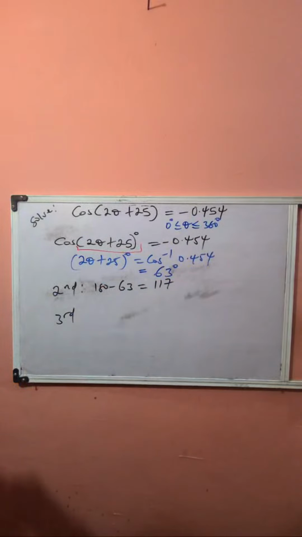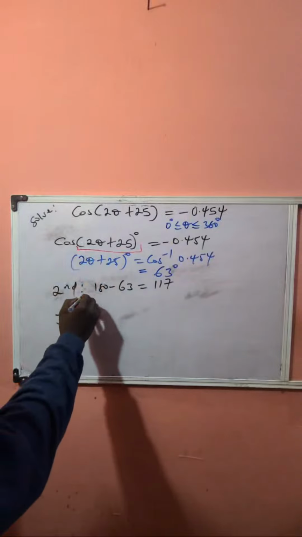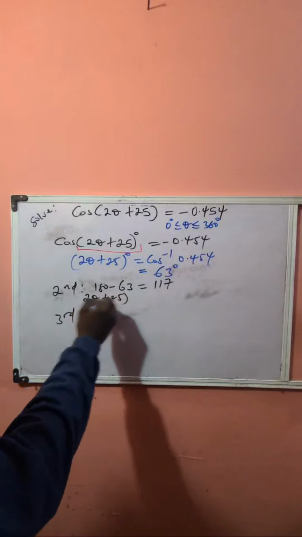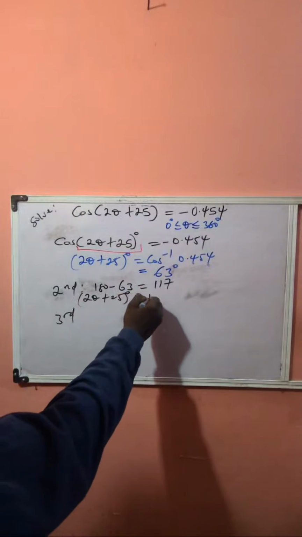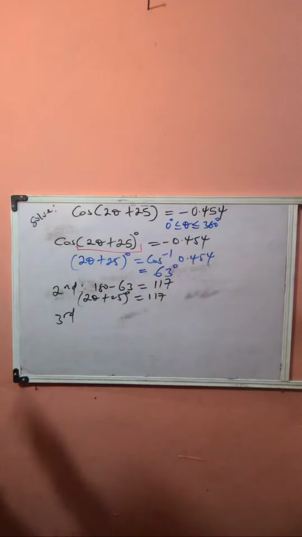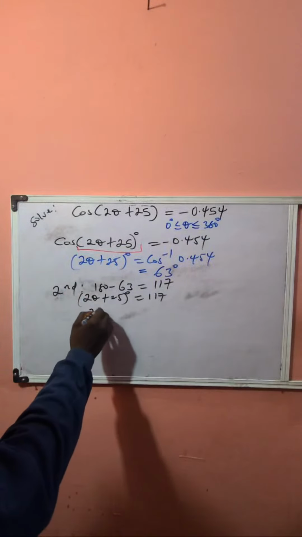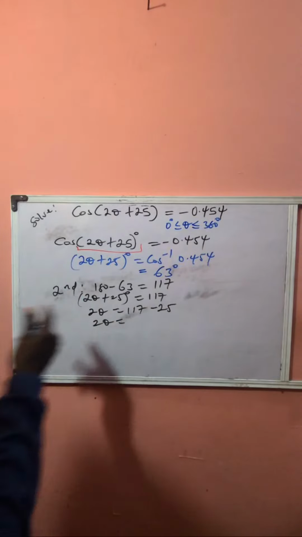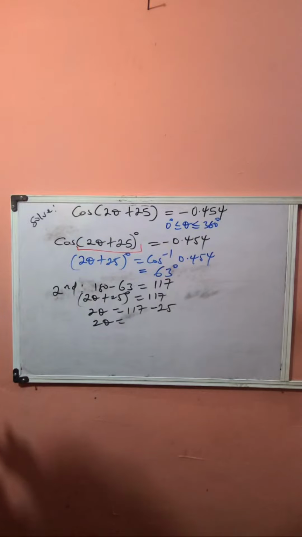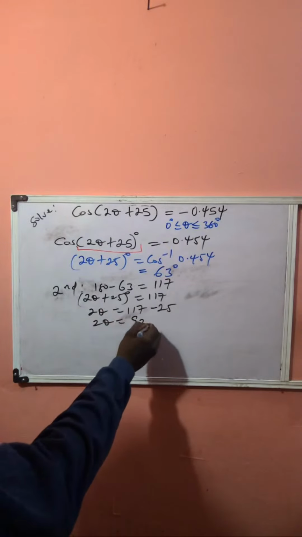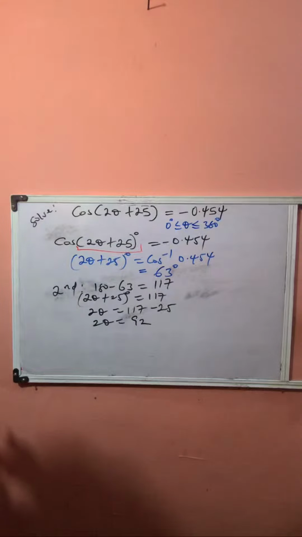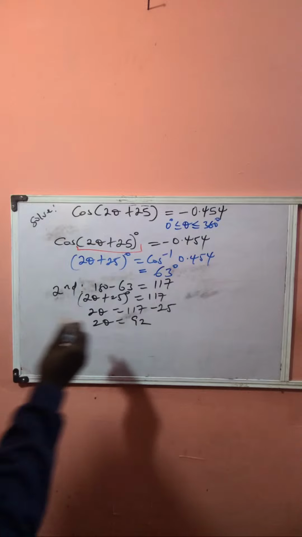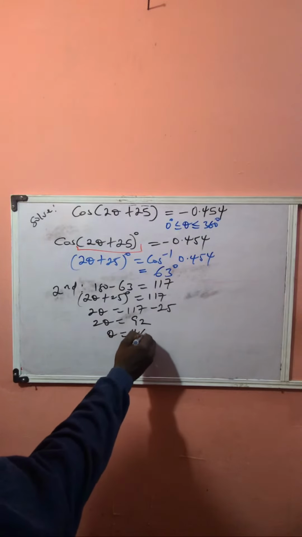So for me to find the final answer under this one, I would have 2 theta plus 25 degree equals to 117. So from here, I would have to resolve for my 117. That will be 2 theta equals to 117 minus 25. 2 theta will be equals to 92. And if you go on to use your calculator here, you will get your theta to be 46 degree.